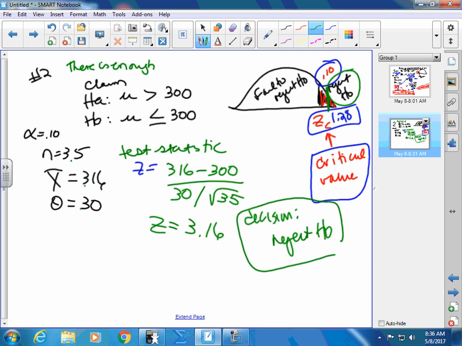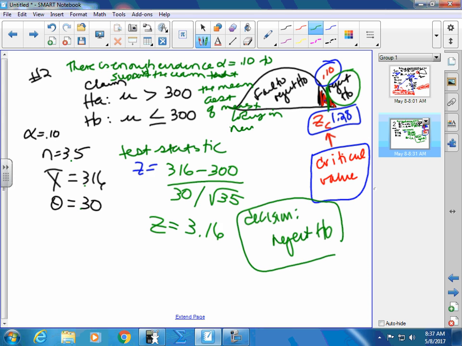This is what you have to write. At a level of significance of 0.10 to support the claim that the mean cost of meals and lodging, where are we, in Nevada, is more than $300.